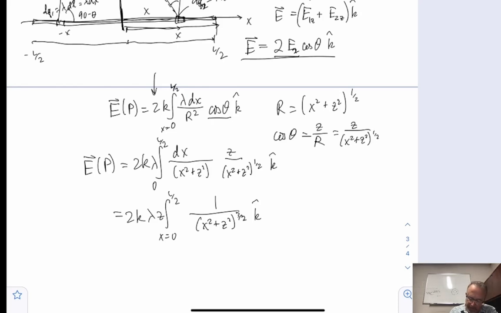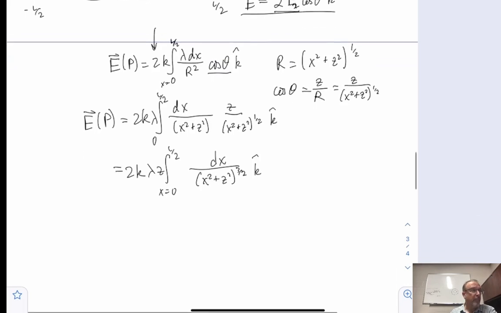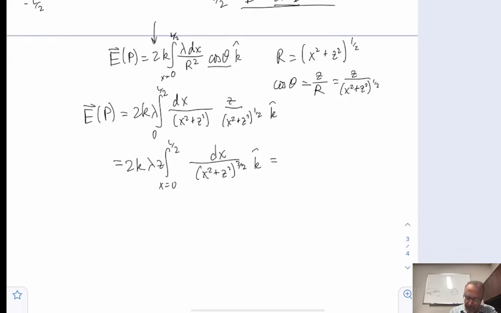That's an integral that I can look up. Probably ought to know off the top of my head what it is. 2k lambda z. This integral ends up giving you x over z squared times the square root of z squared plus x squared, evaluated from x equals 0 to L over 2, k hat.